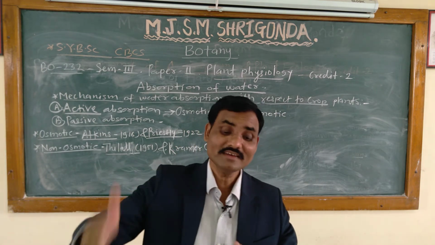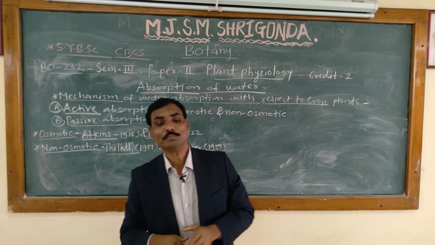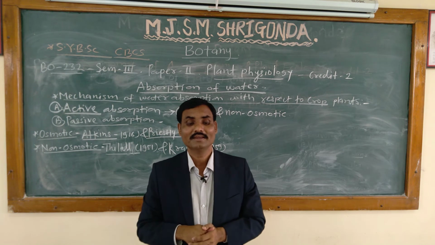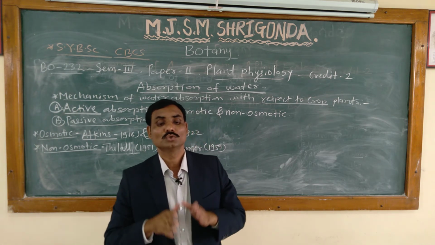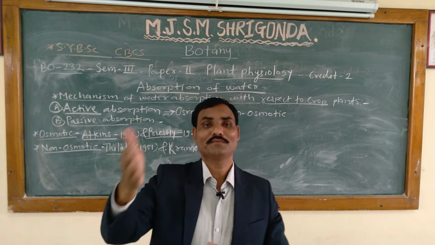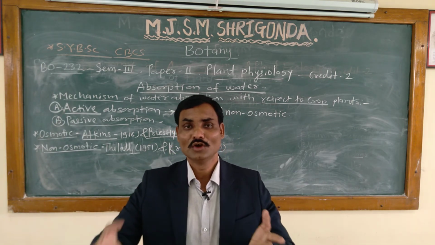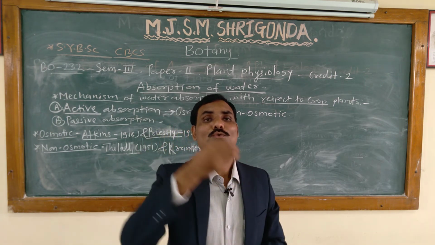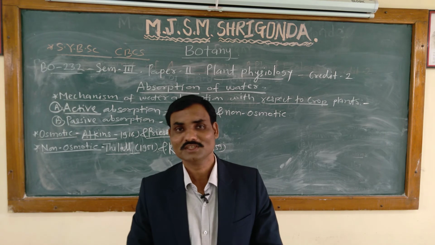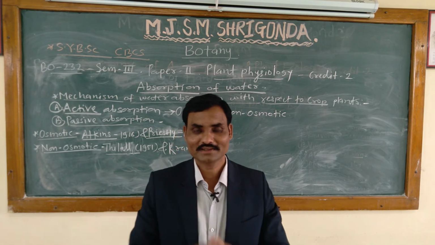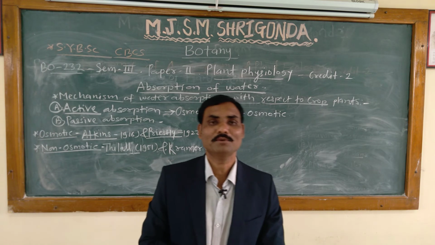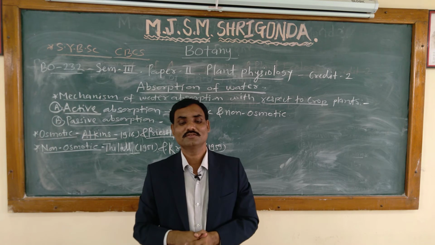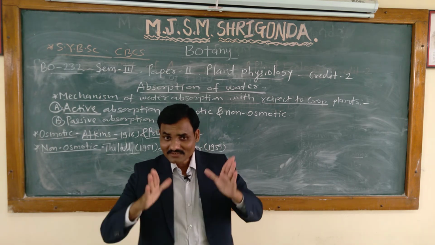In this way, root pressure is developed to establish a water column in the xylem tissue from root to shoot and then leaf. In this way the water from soil reaches the leaves. This is a cycle, and osmotic pressure and diffusion play a very important role in this overall process. Then there are some objections to these theories.